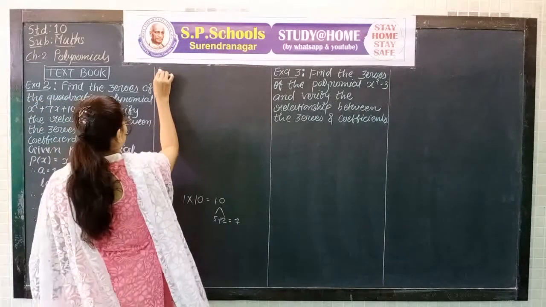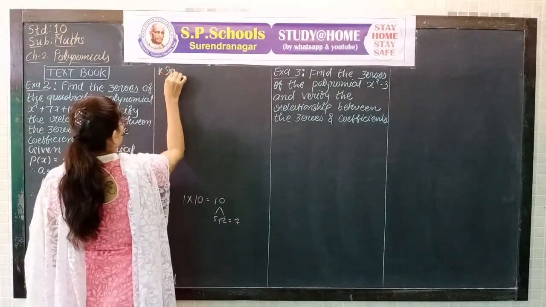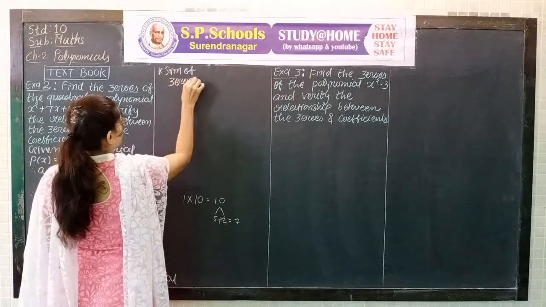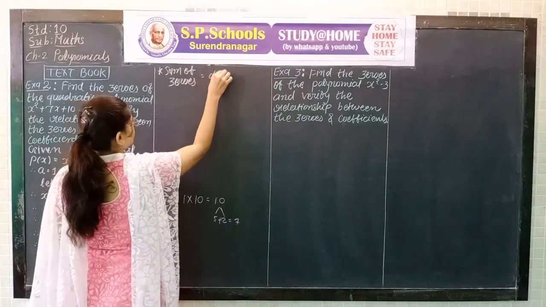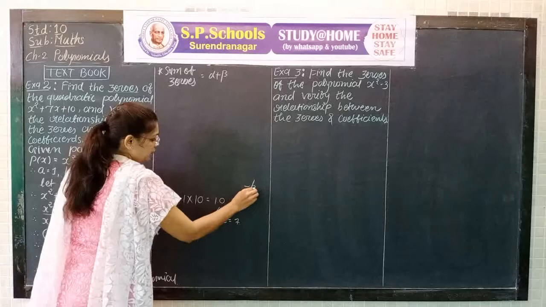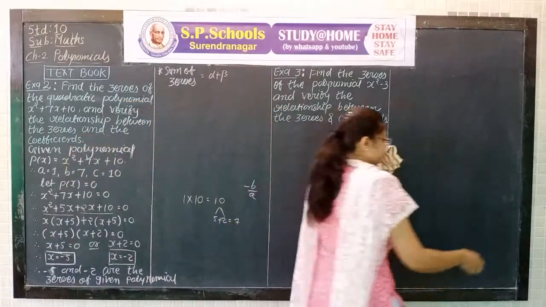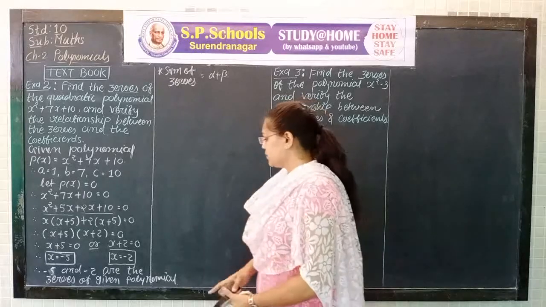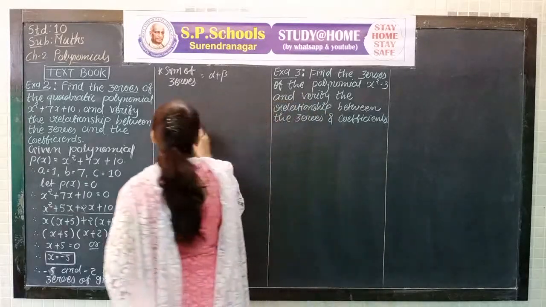First relationship is the sum of zeros. We know the sum of zeros, denoted by alpha plus beta, is equal to minus b upon a. Here alpha is equal to minus 5 and beta is equal to minus 2.